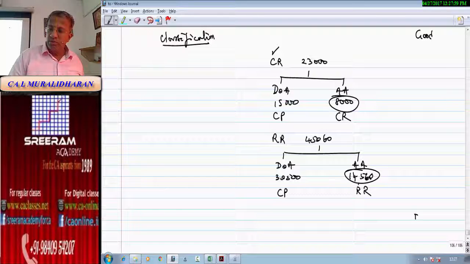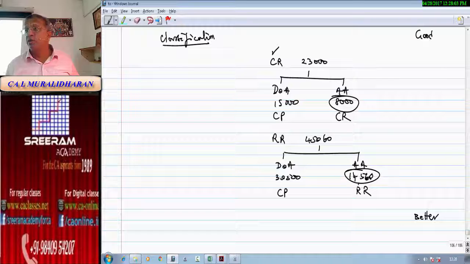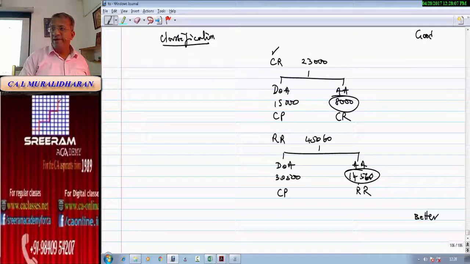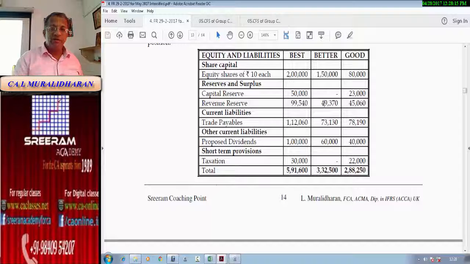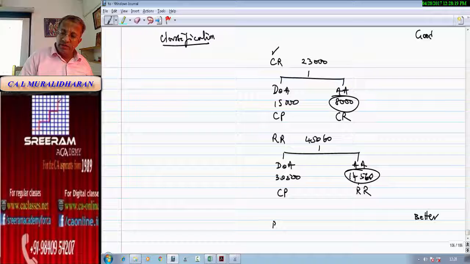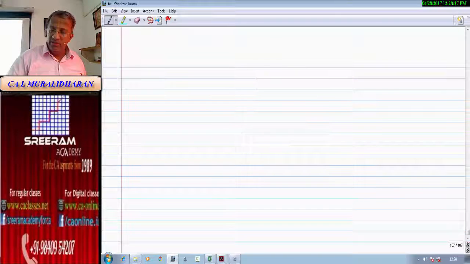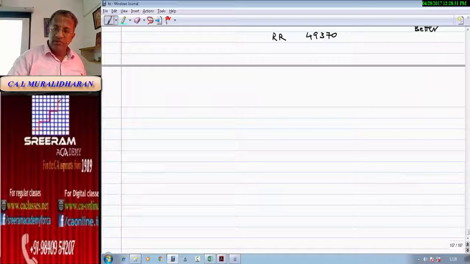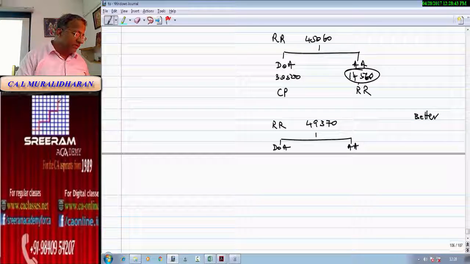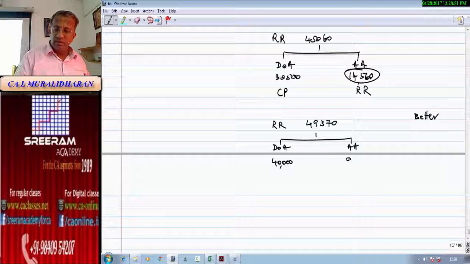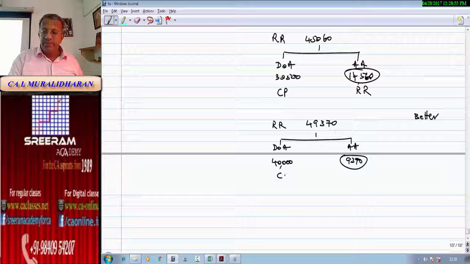So now we will take up Better. Two times you have to do it, one for lot number 1, the other for lot number 2. Fortunately we don't have capital reserve in this particular company. You have only revenue reserve, 49,370, split between date of acquisition and after acquisition. On the date of acquisition for the first lot, it was 40,000 and 9,370 after acquisition: capital profit, revenue reserve.